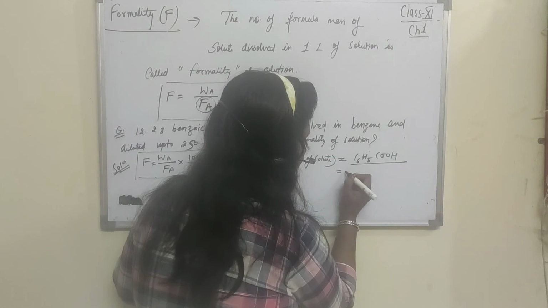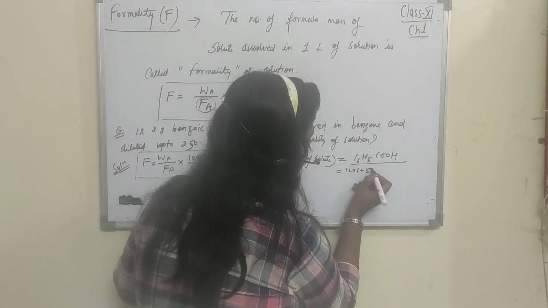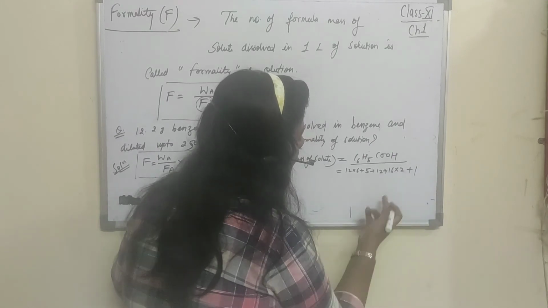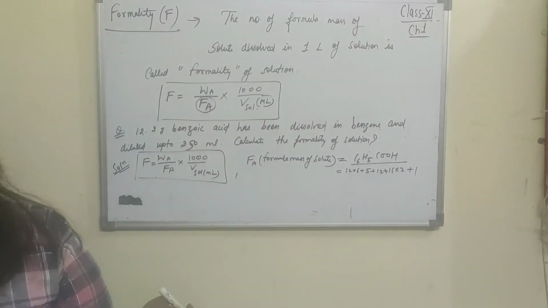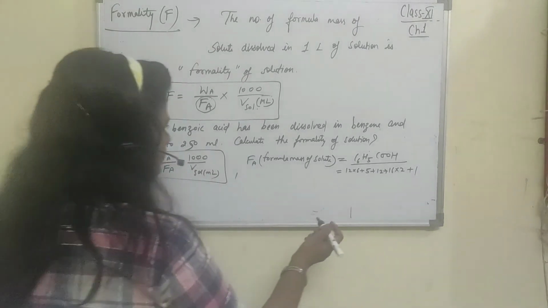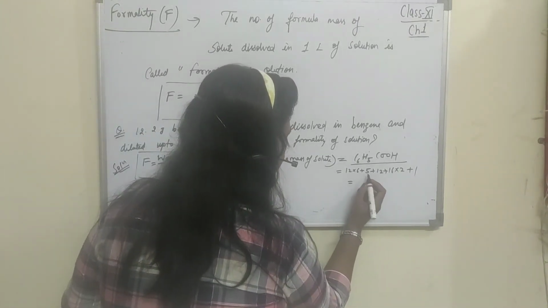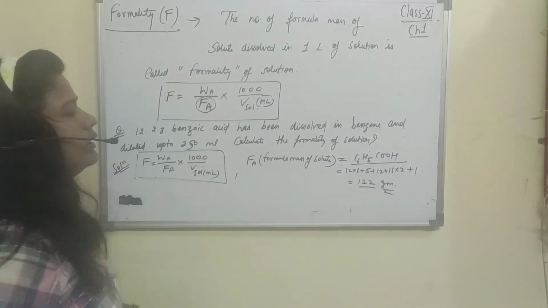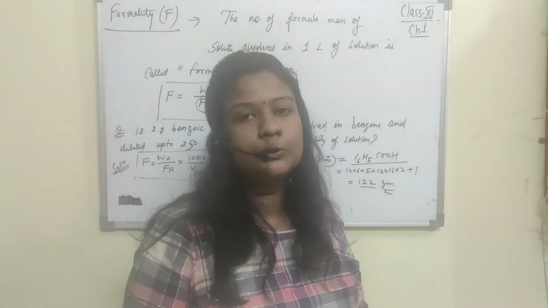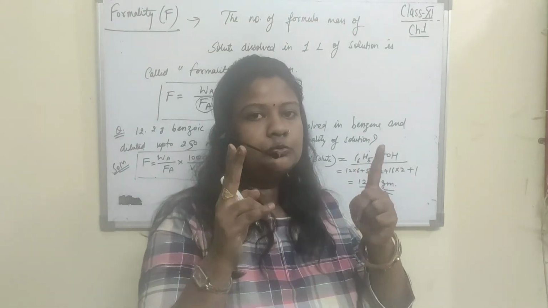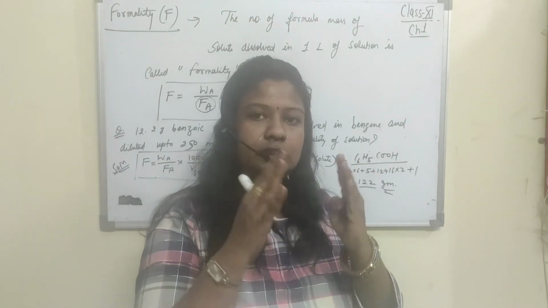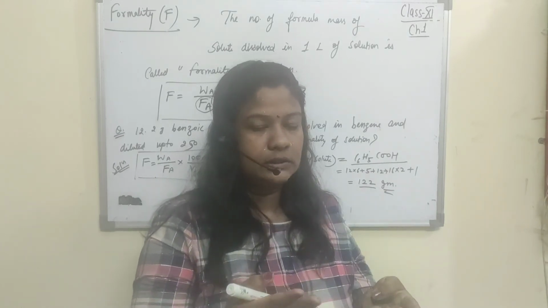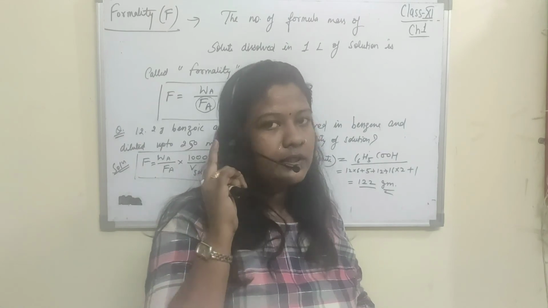Molecular mass is 12 into 6 plus 5 plus 12 plus 16 multiplied by 2 plus 1. Calculate it. It will be equal to 122 gram. Correct? But benzoic acid shows association. It means two molecules join with each other in the solution. So formula mass will become double. You have to keep this in mind.